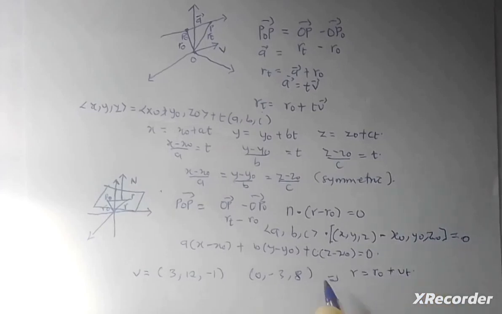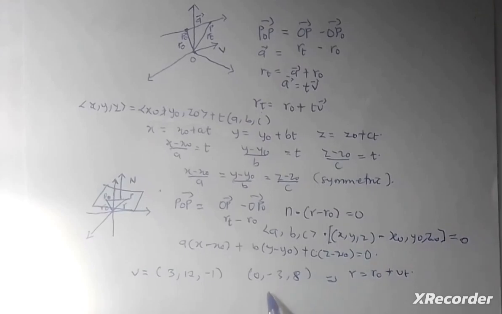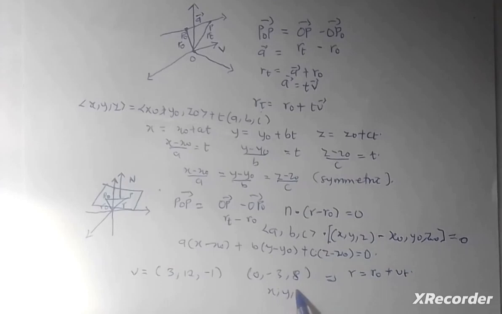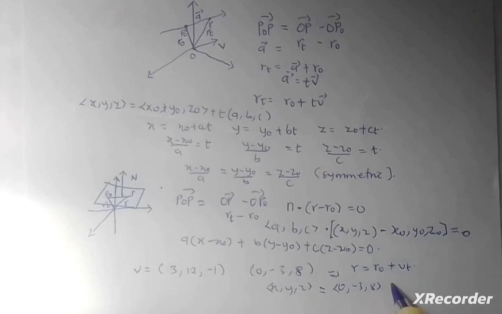Therefore, x, y, z, which is any arbitrary point, should be equal to my r naught, which is (0, negative 3, 8), plus t(3, 12, negative 1).